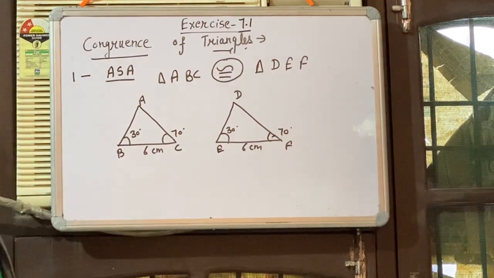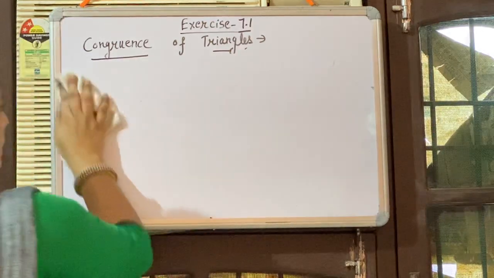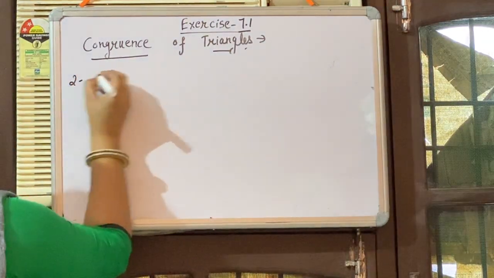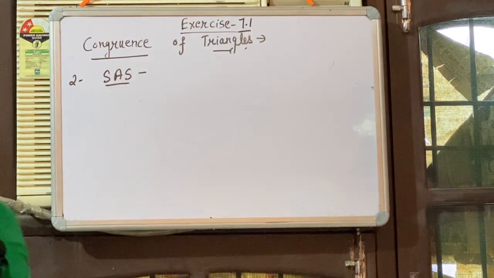Second rule is side angle side, SAS, that means side angle side.